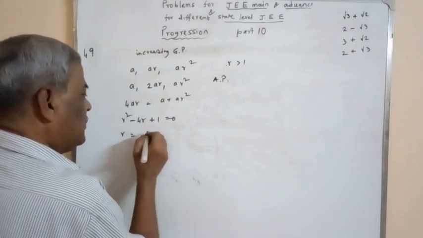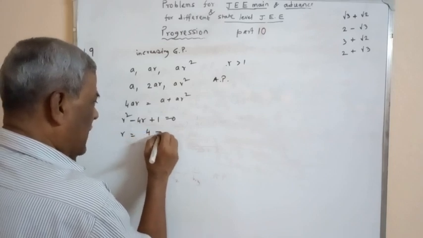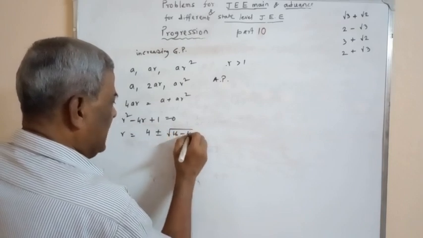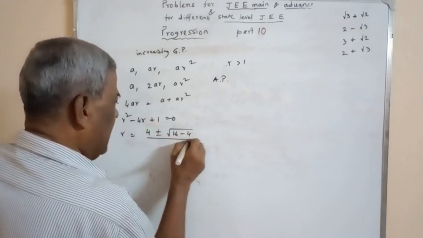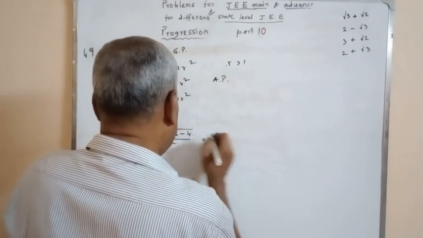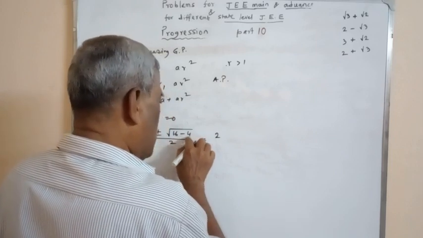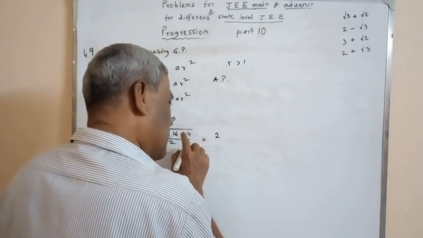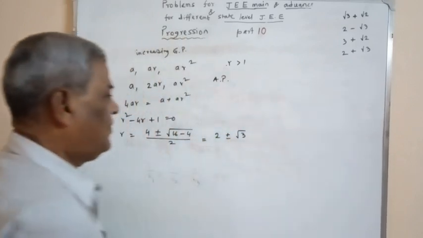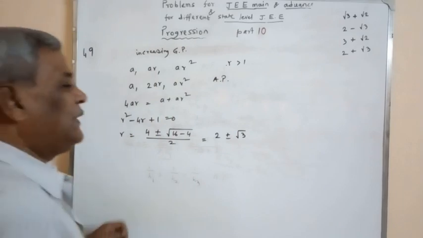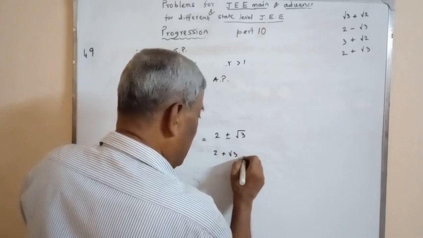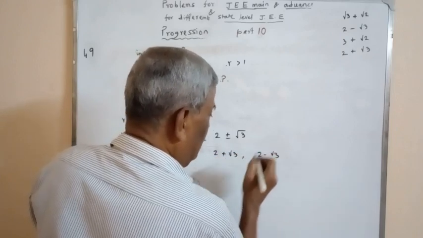So R is equal to minus B plus minus root over B square minus 4AC divided by 2A. Cancelling by 2, this is root over 12, which means 4 into 3. So plus minus root 3. Now we get two answers, either 2 plus root 3 or 2 minus root 3.